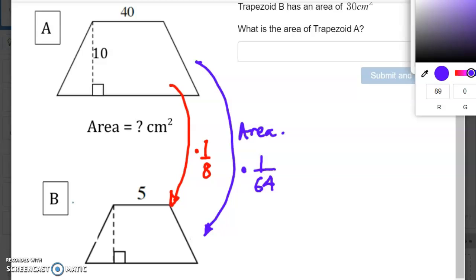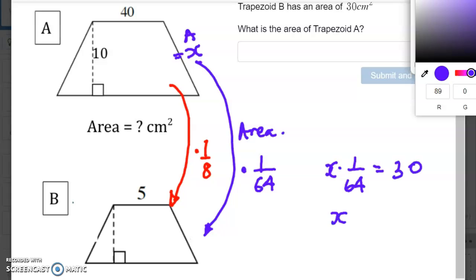So this is my area. If I call that the area x, when I multiply x by 1/64, I got 30.